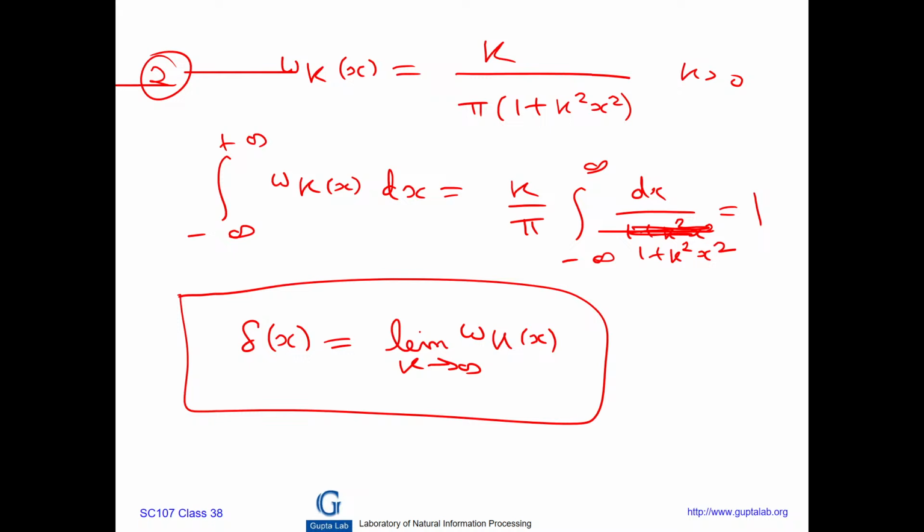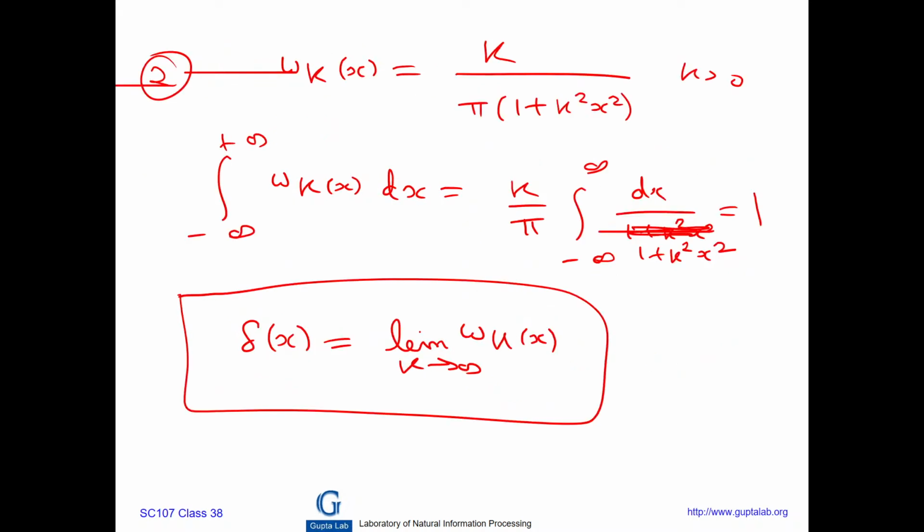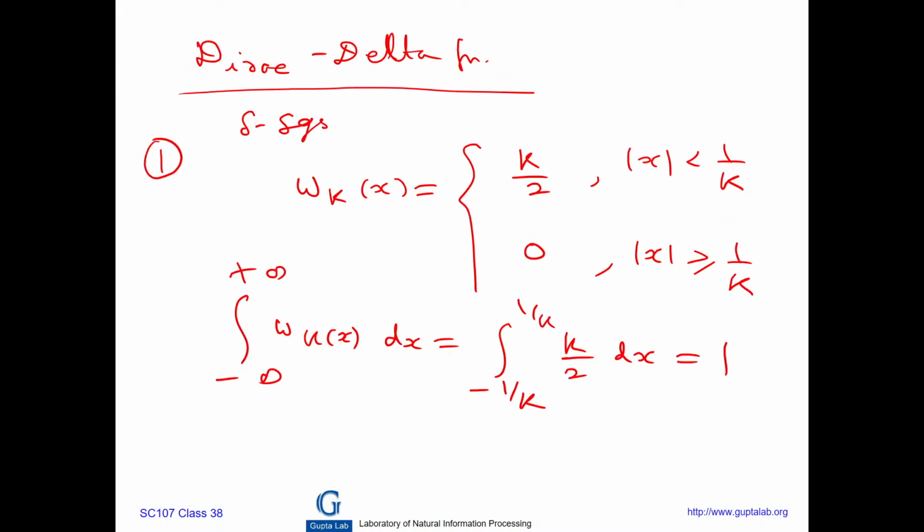So what could happen actually? You see, if you look at this, say for example omega k of x is k by 2. When you take k approaching infinity, what will happen to this interval, 1 by k or minus 1 by k? It will shrink towards the origin, right? And as it shrinks, what is happening? What will be the value of k by 2?